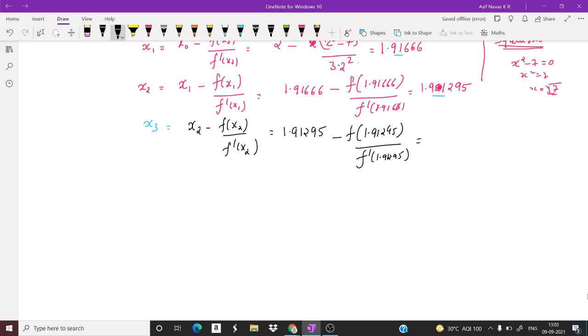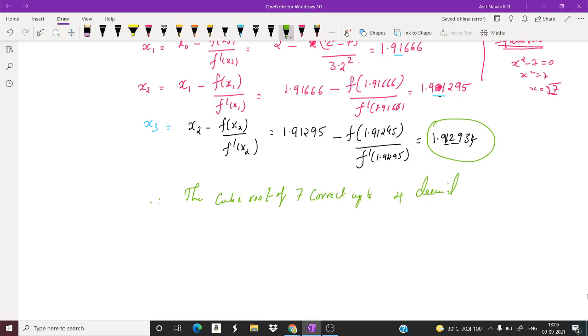So if you calculate this using calculator, you will get 1.912934. So here 1.9129 is the same, so it's correct up to 4 decimal places. Therefore, the cube root of 7 correct up to 4 decimal places is 1.9129.